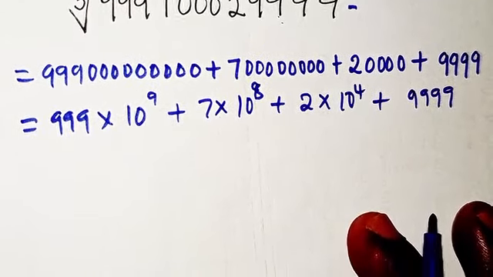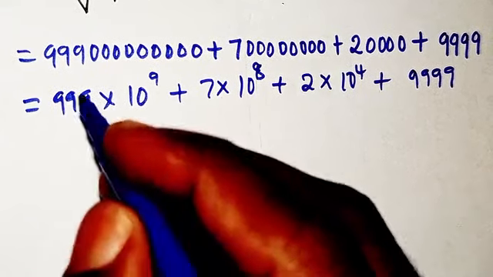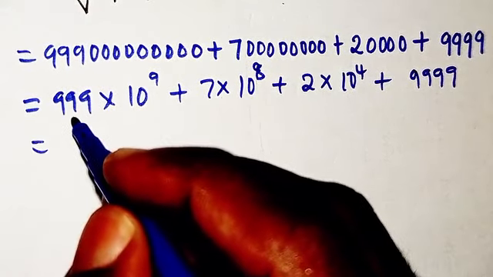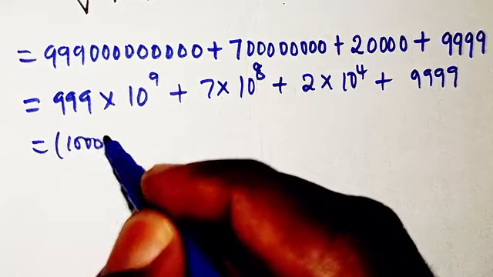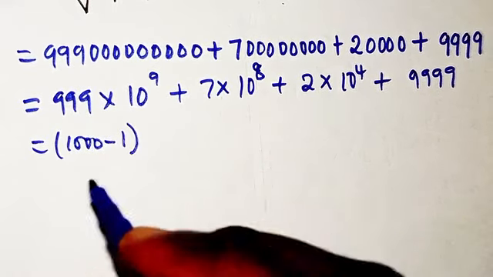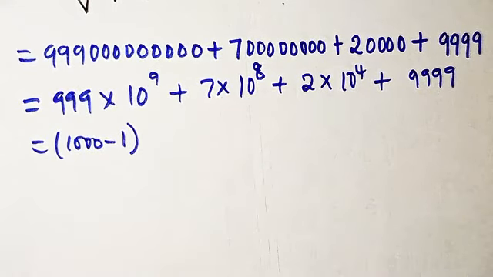So now from there, the next thing I'm going to do is, since this is 999, I can write this as 1000 minus 1. 1000 minus 1 will actually give me 999.